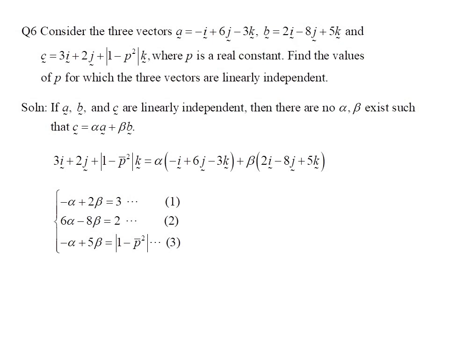Negative alpha plus 2 beta equals 3. 6 alpha minus 8 beta equals 2. And negative alpha plus 5 beta equals modulus of 1 minus not p squared. Solving the first two equations, we obtain alpha equals 7 and beta equals 5.